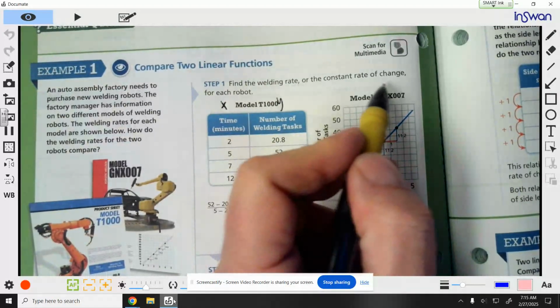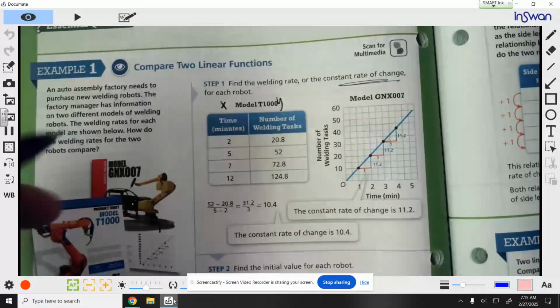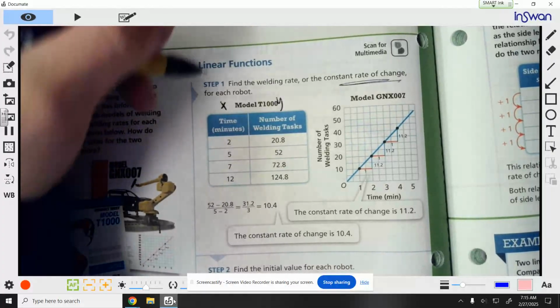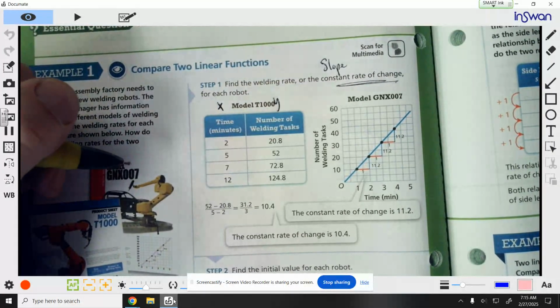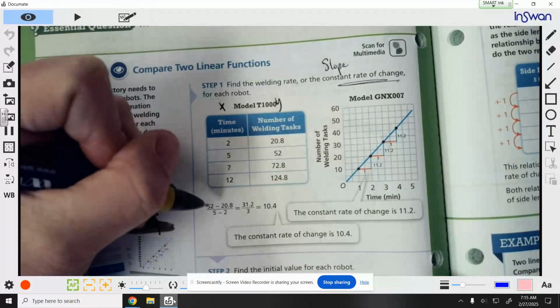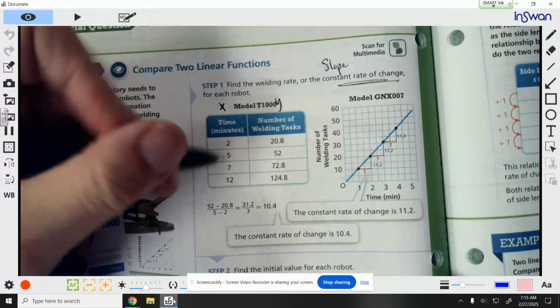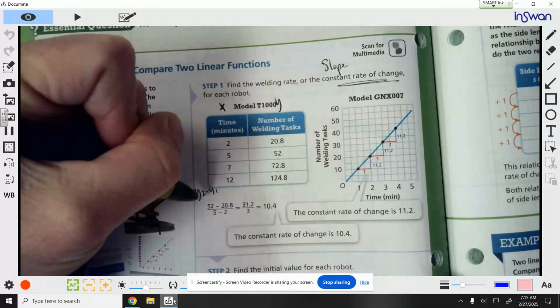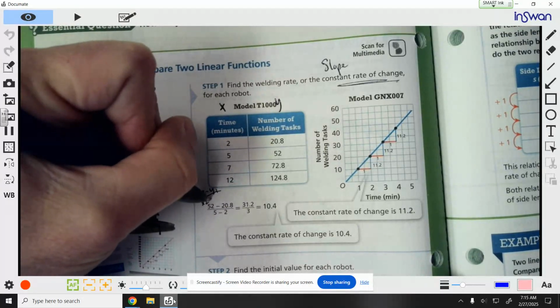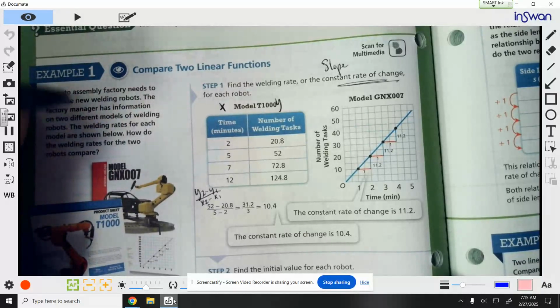So they wanted to find the constant rate of change. And if you recall, the constant rate of change also refers to slope. So down below here, we see them using the slope equation. That's our y sub 2 minus y sub 1 over x sub 2 minus x sub 1.